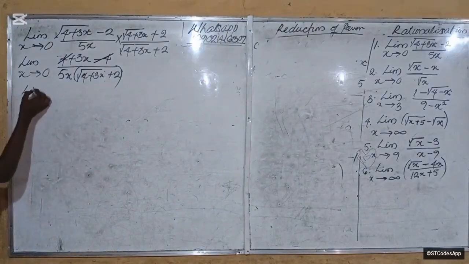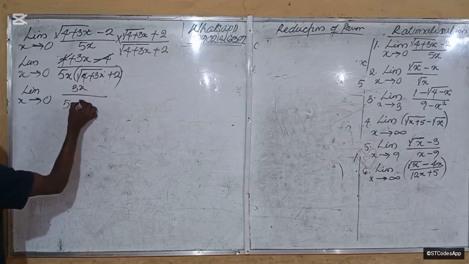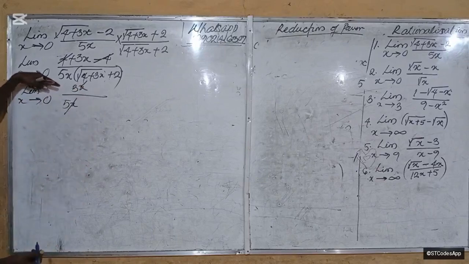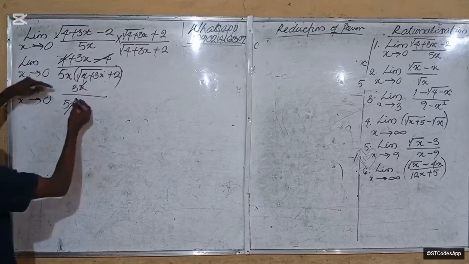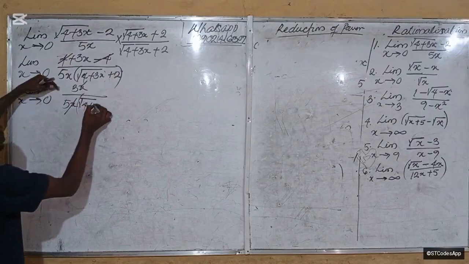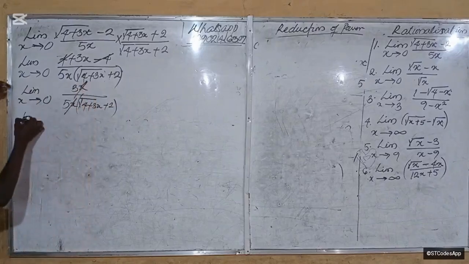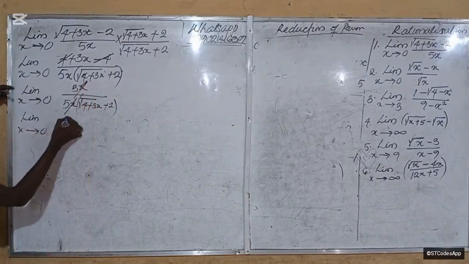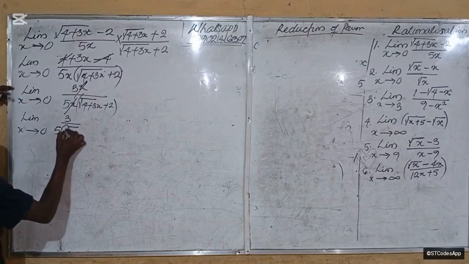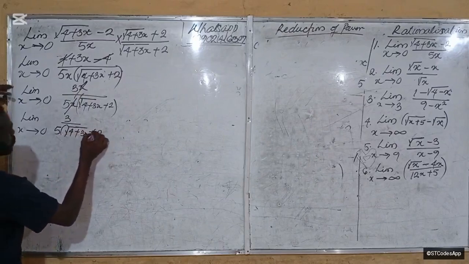So we have the limit as x approaches 0 of 3x over 5x multiplied by the bracket. Seeing this, x can also take care of x, right? Let's just cancel it from here. No, let's bring it here. Square root of 4 plus 3x plus 2, close bracket. So this takes care of this, and we have the limit as x approaches 0 of 3 over 5 into bracket the square root of 4 plus 3x plus 2.